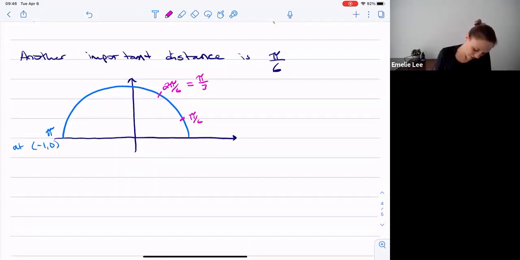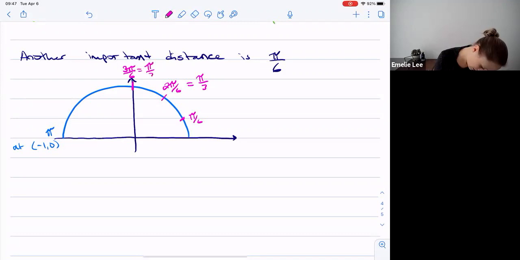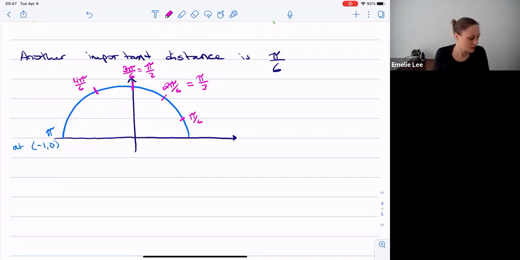3 pi over 6, and maybe I should bump this down just a little bit. There. 3 pi over 6 is the same as pi over 2. 4 pi over 6. Do we simplify that?